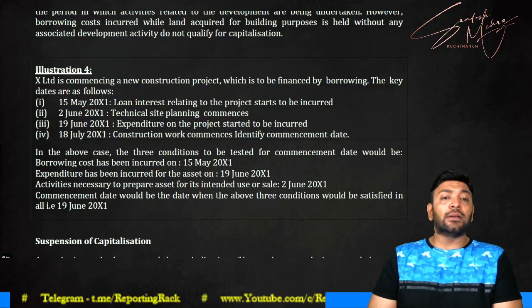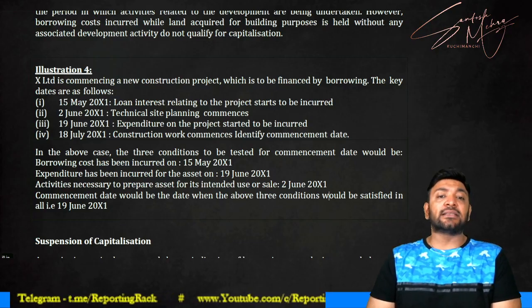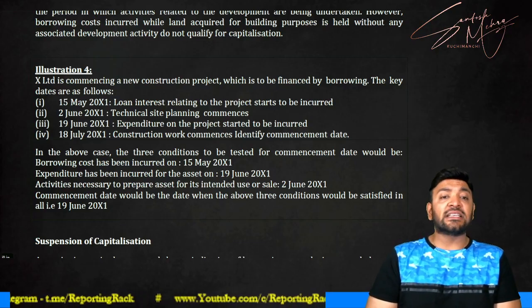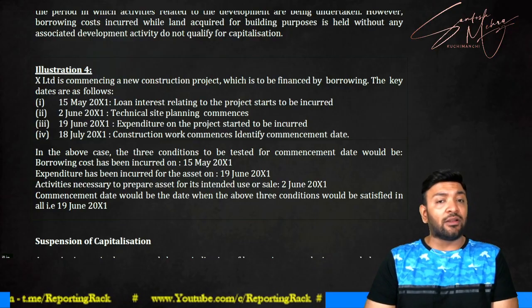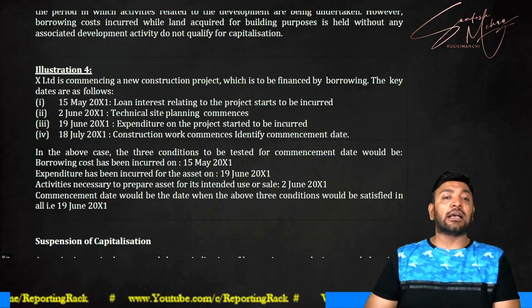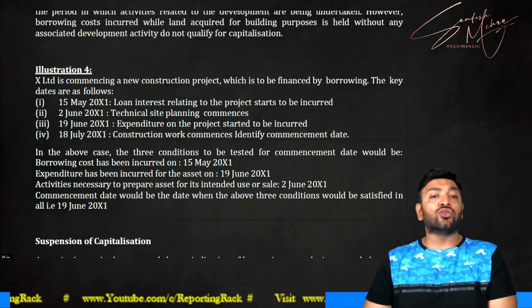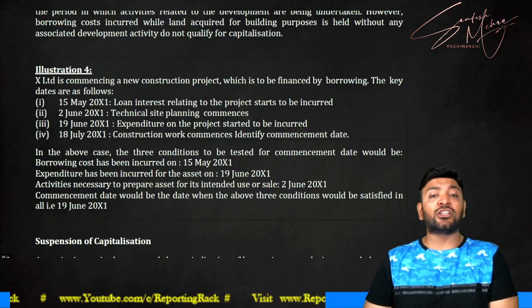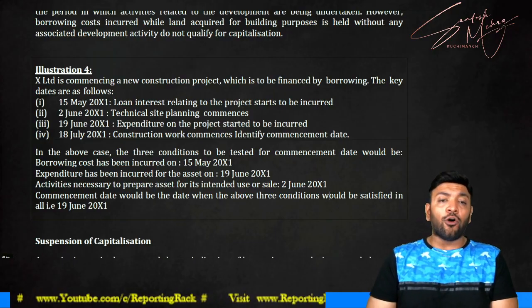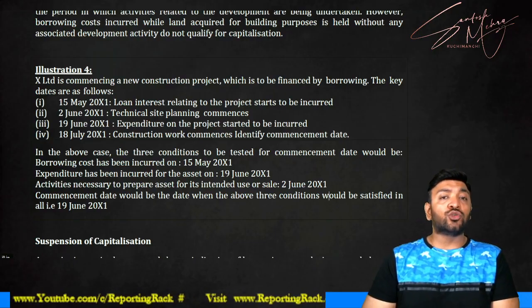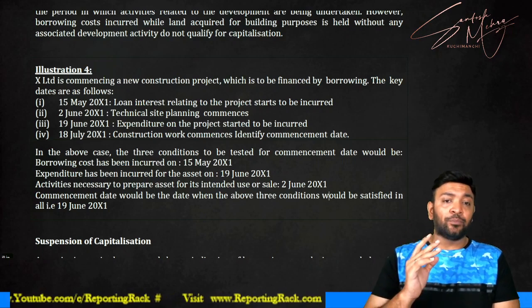On 2nd June, technical site planning commences. Guys, site planning also is an activity necessary for the construction of qualifying asset. So another condition has satisfied only on 2nd June. But on 19th June, they started incurring the expenditure on the project. So therefore, on 19th June, all 3 conditions are satisfied.